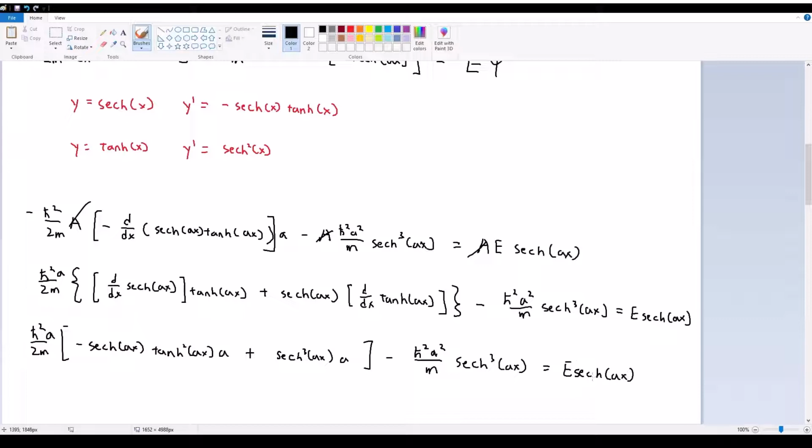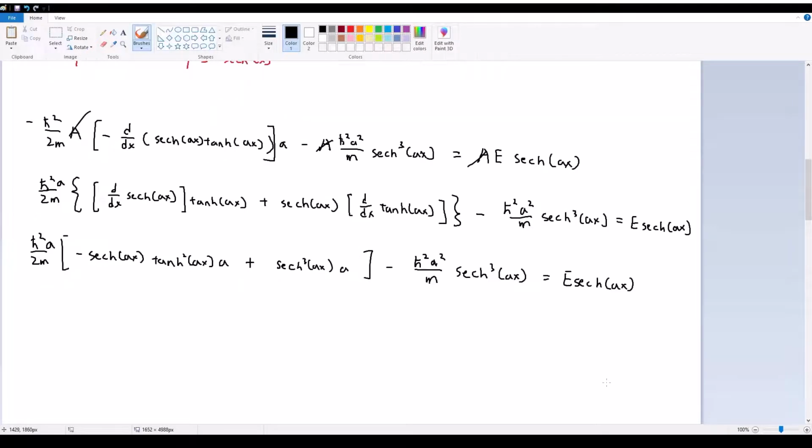Next, immediately I see that there's a common hyperbolic secant term everywhere, so we can pull that out. What we're left with is h bar squared a over 2m minus, what's this going to be? Negative hyperbolic tangent squared ax. And I'm going to pull the a out of the integral here. So this is going to be h bar squared a squared over 2m.